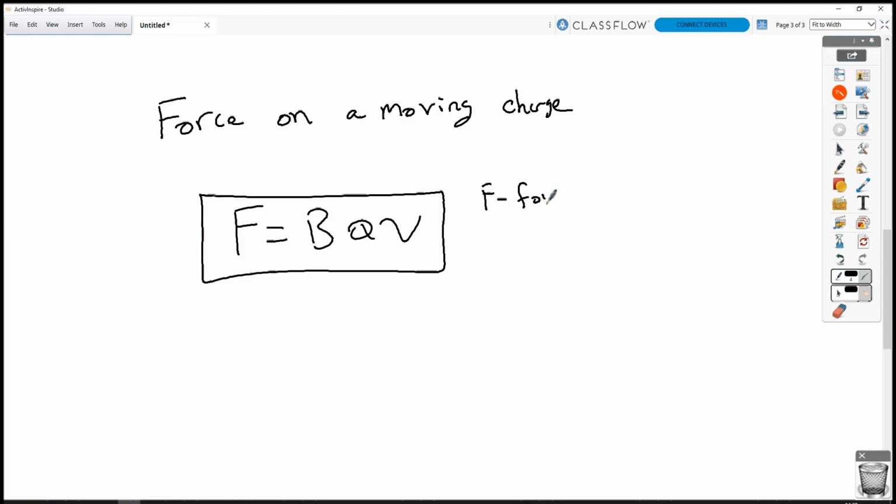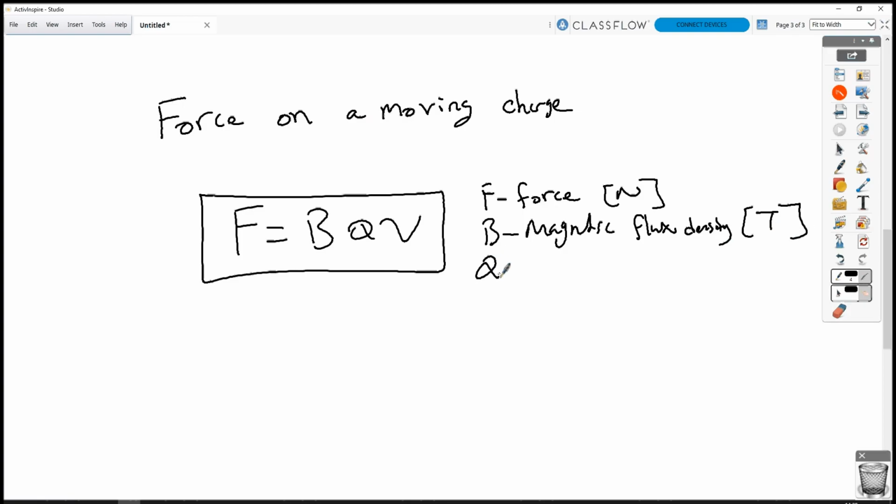So F is force in newtons. B is magnetic flux density, measured in Tesla. Q is the charge in coulombs, and V is velocity, measured in meters per second.